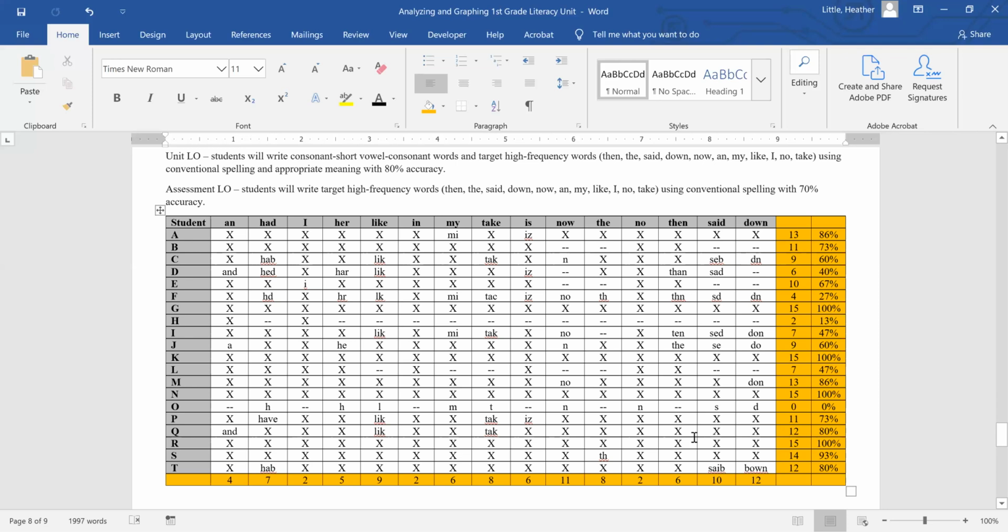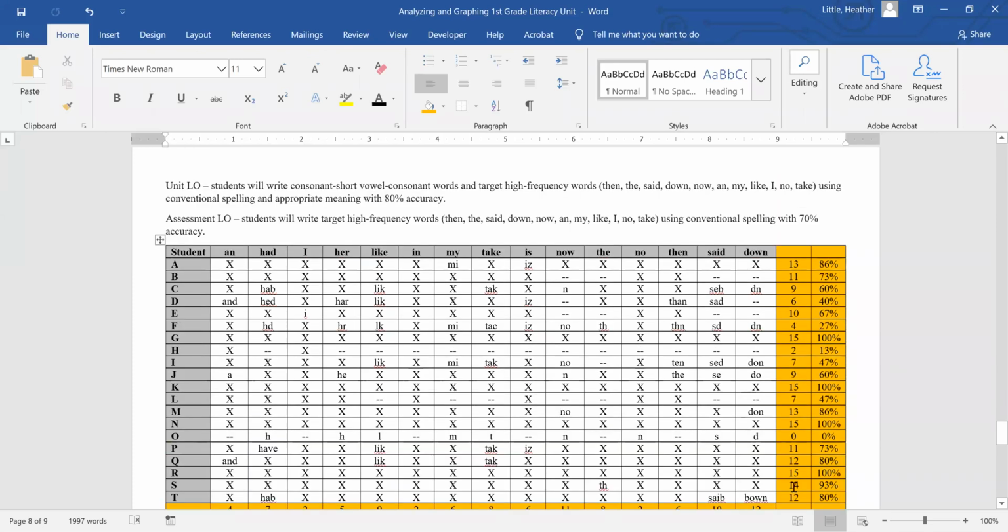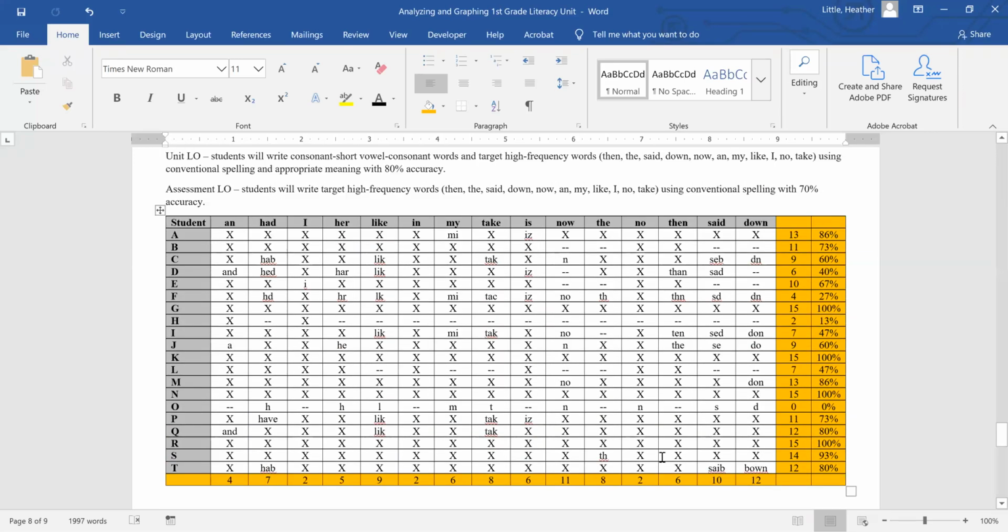It's not so much that they don't know how to spell the word, it is that they're struggling with inverting those letters in terms of conventional spelling. So this is really strong phonemic spelling, and even heading to conventional spelling. This is an error that we can work with really quickly in a first grade classroom.